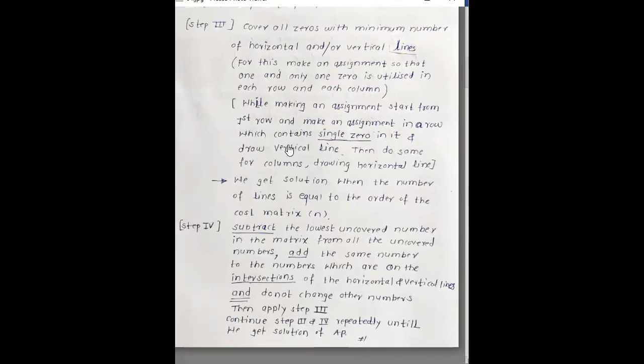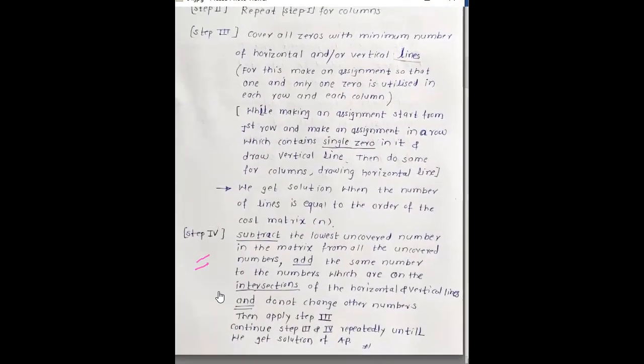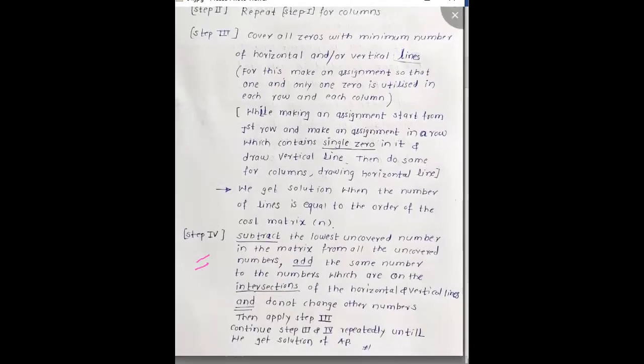So to get the optimum solution, let us see what the fourth step is. When we do not get the optimum solution in step 3, we have to perform step number 4. So what is step number 4? First we find the lowest uncovered number.